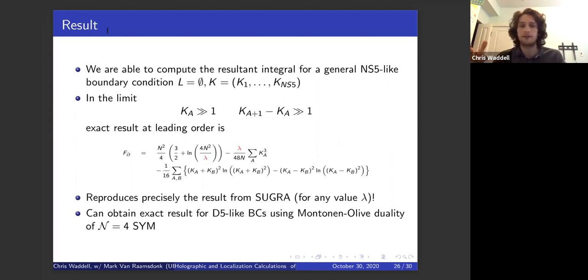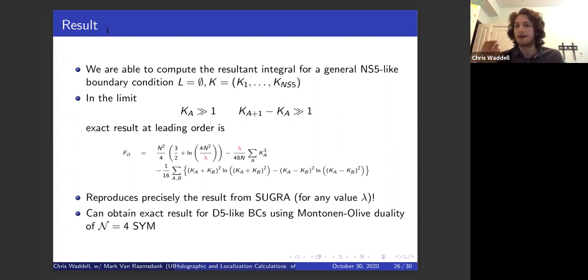And in particular, if we consider the limit where we take the linking numbers to be large and the differences between linking numbers to be large, we find that the leading order result for boundary F coincides exactly with what our calculation was from the supergravity. And this holds for any value of the 't Hooft coupling lambda. So this is a nice confirmation of the results, and also a nice demonstration of this holographic duality more generally.